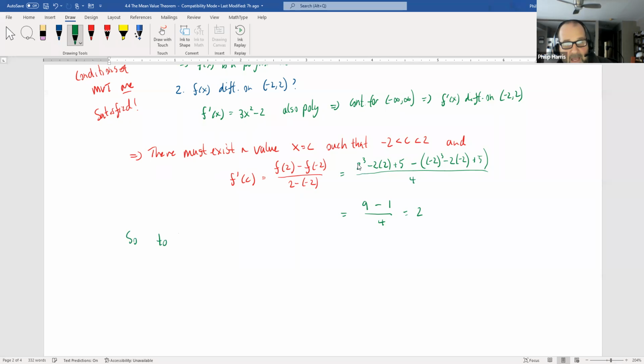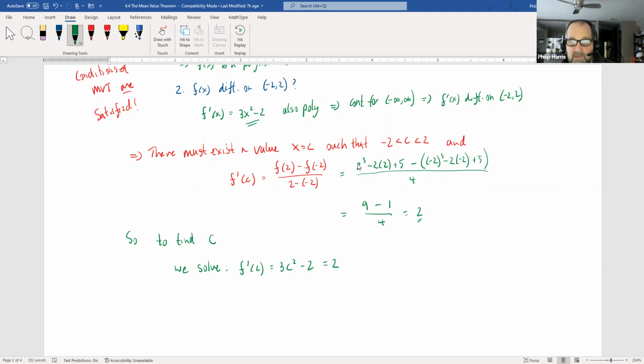So to find c, we solve f prime of c, which would be 3 times c squared minus 2, equals 2. So here's my first derivative. This is my secant slope.